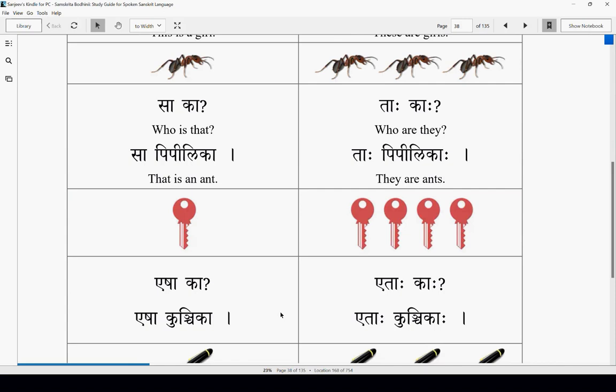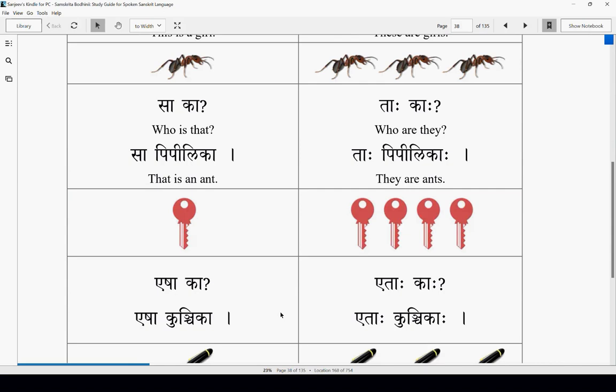Akaranta. Lata. Rama. What is the meaning of Lata?